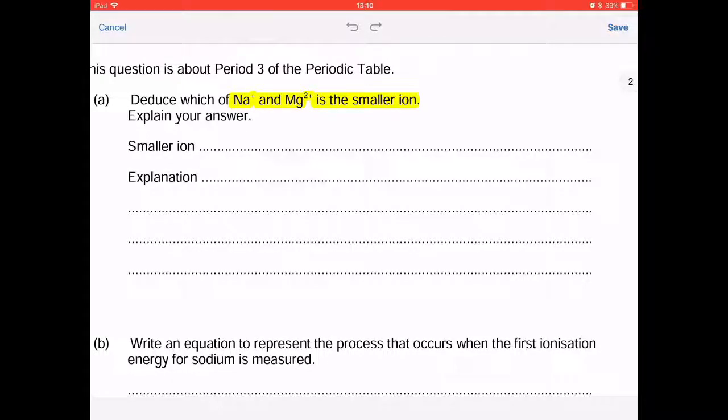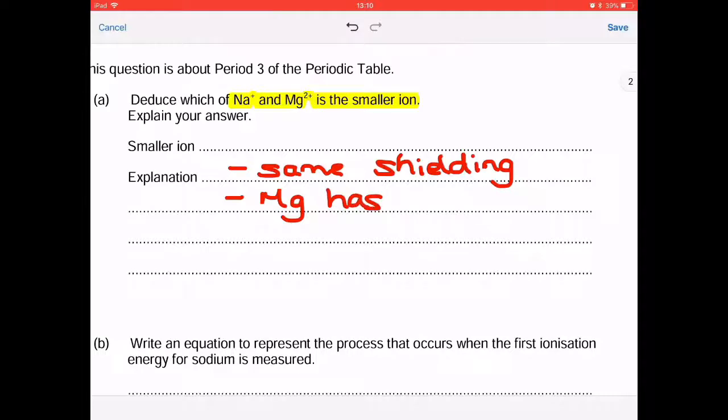Sodium and magnesium are in the same period, and therefore they have the same shielding. So the distance between the nucleus and the outermost electron is exactly the same in both ions. Also, it comes down to nuclear charge, and magnesium has more protons in the nucleus than sodium does.